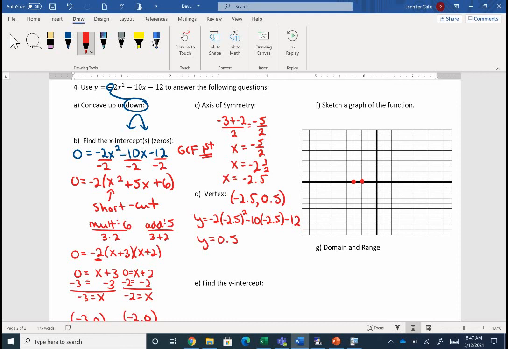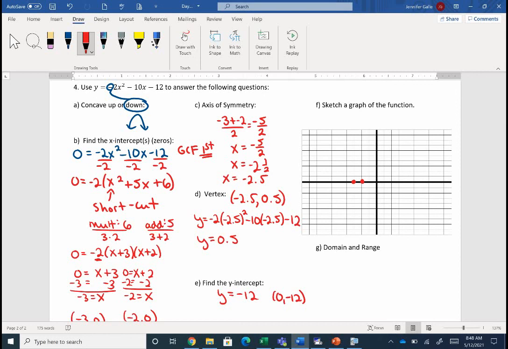Now here's where we have to be careful. Before we graph that though, what's our y-intercept going to be? Super quick, super easy. What's the y-intercept? -12, yeah. So before I graph that vertex, I need to make sure I can fit my y-intercept.